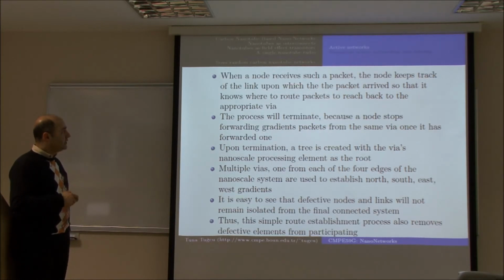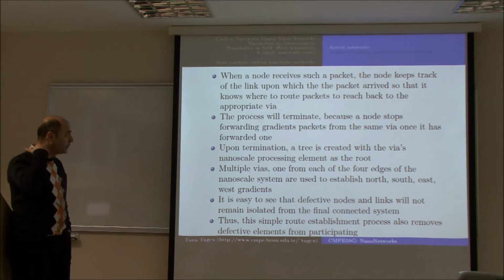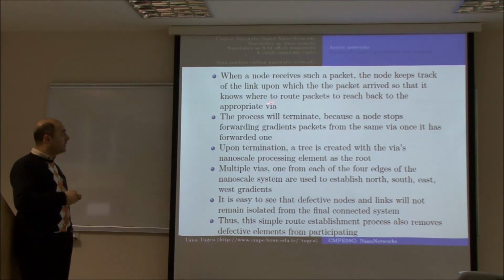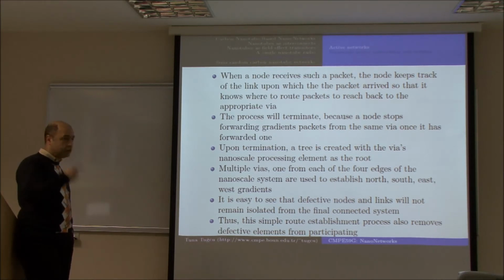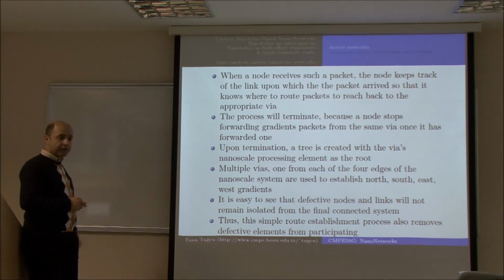So when a node receives such a packet, a gradient packet, the node keeps track of the link upon which the packet arrived. Like in this case, Sanem was the closest, the first one to tell it, so that it knows where to route the packets to reach back to the wire. And the process will definitely terminate.